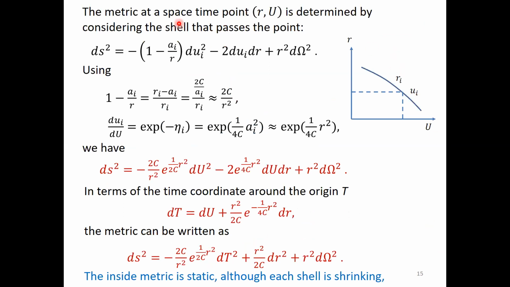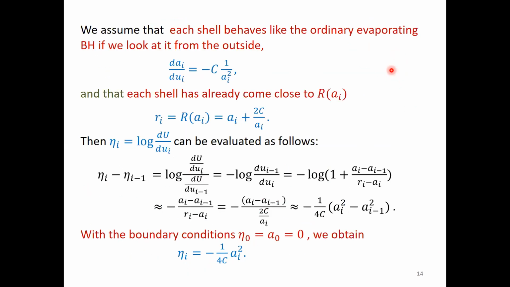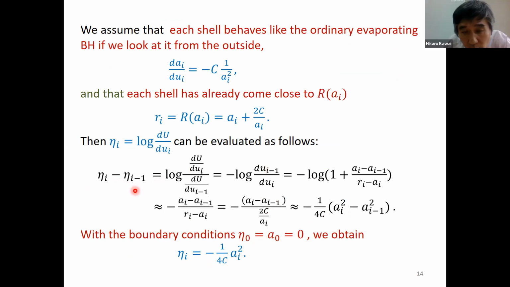Can I ask a quick question? Yes. So in the previous slide, the eta_i minus 1 and eta_i are both evaluated with respect to dU, I mean d capital U, the flat spacetime capital U. Is that a legitimate expectation?